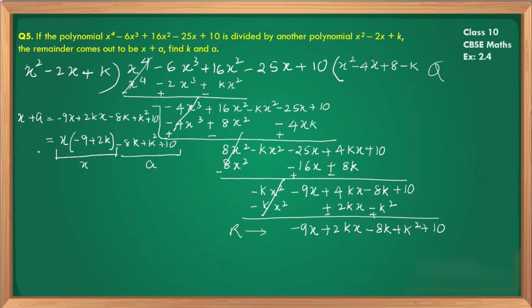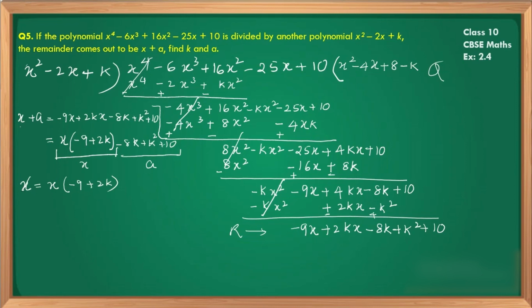Now we have to compare x with this and a with this. Therefore, x is equal to x into minus 9 plus 2k. First we do this, then go to the second.